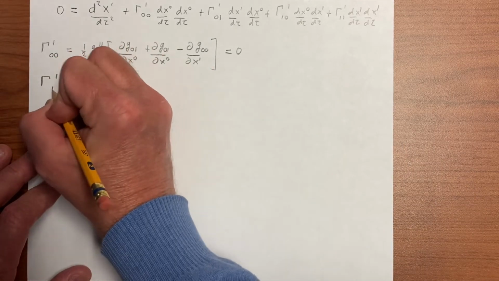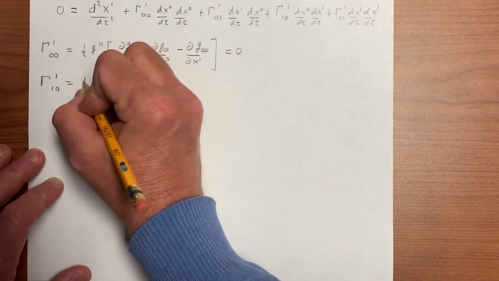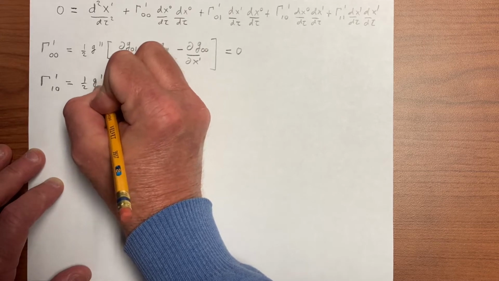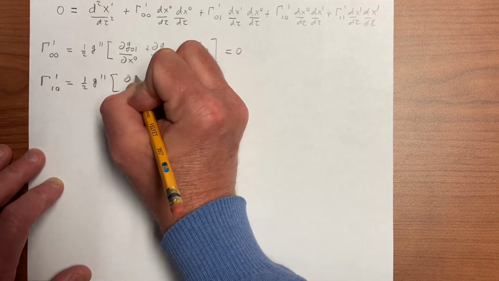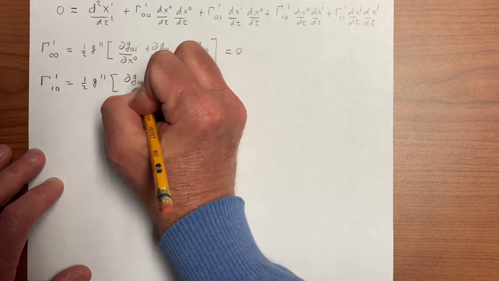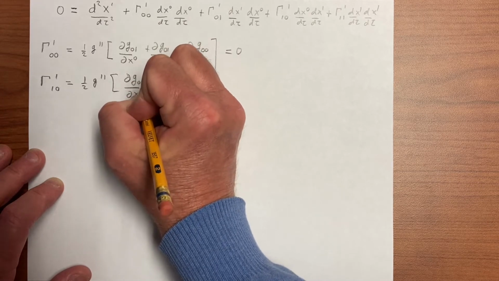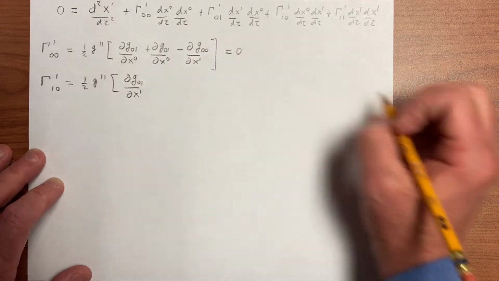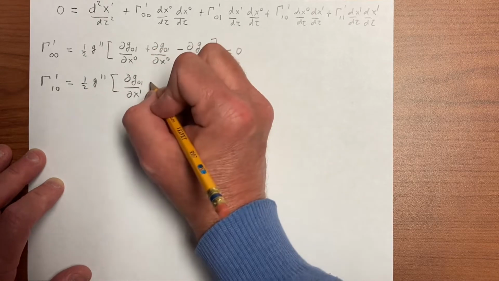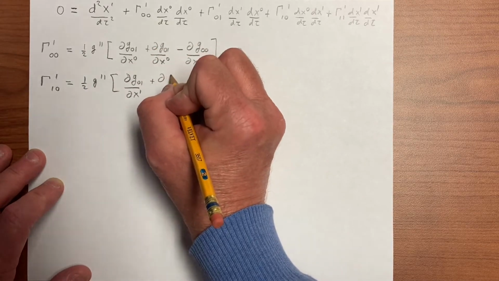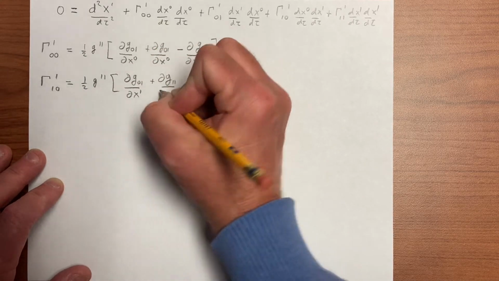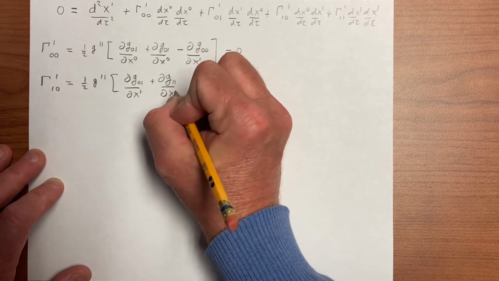Gamma 1, 1, 0, 1/2 g11. Again, a term that doesn't exist, so it doesn't matter what we take the derivative with respect to, plus dg11 with respect to x0.